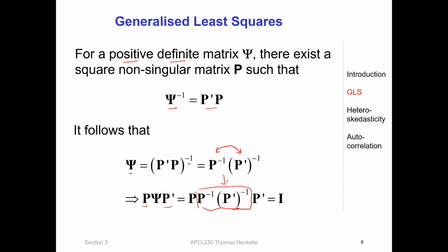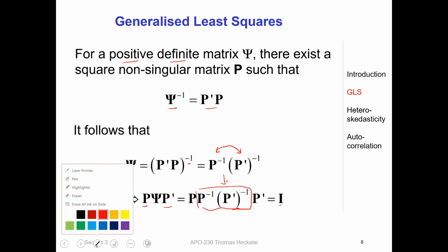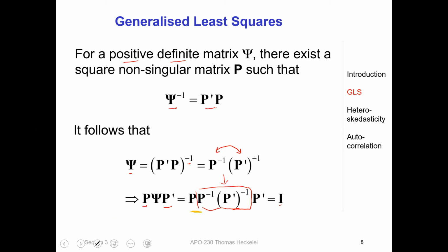We get an identity matrix. Why identity matrix? Because the product of a matrix with its inverse is an identity matrix. So here you have I. The next one you also have I, and the product of the two identity matrices in turn gives another identity matrix. At the end you get I. Can you already have a feeling what we're trying to do here?